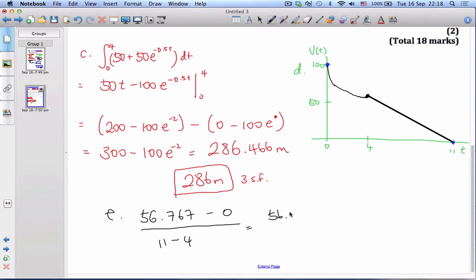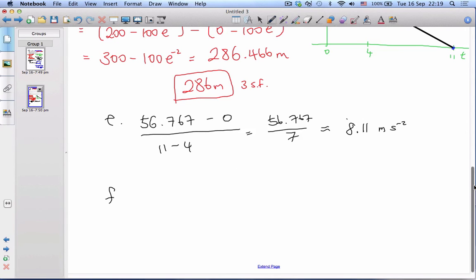So 56.767 over 7 would be about 8.11. The unit, because this is a velocity graph and you're looking at the slope of the velocity, is kind of like a derivative of velocity, so meters per second squared.